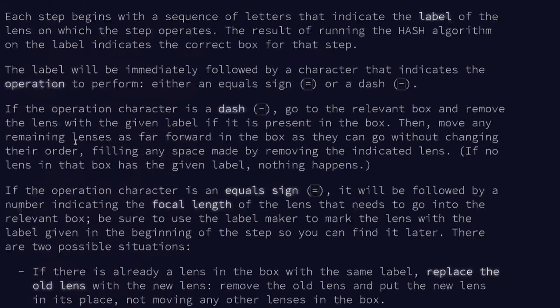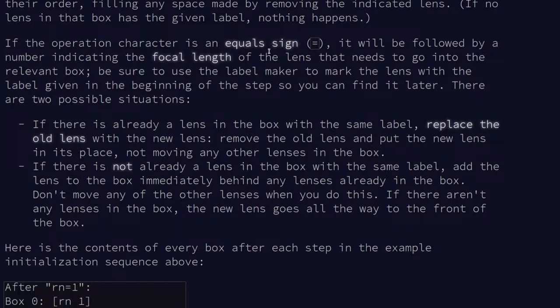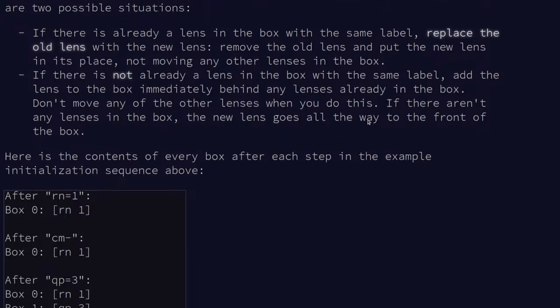But what is this? The focal length, and it points to the relevant box. All the way to the front of the box.